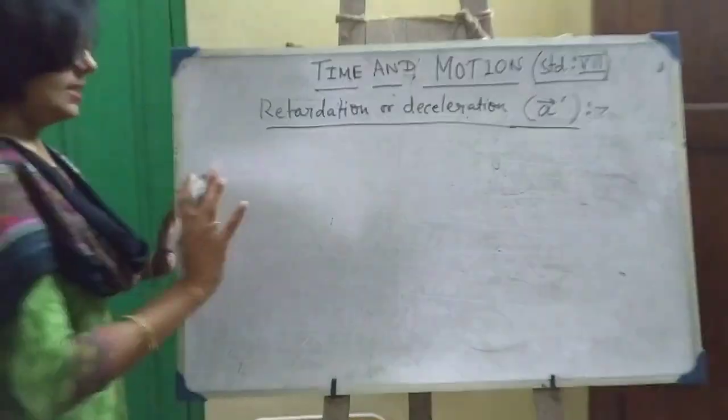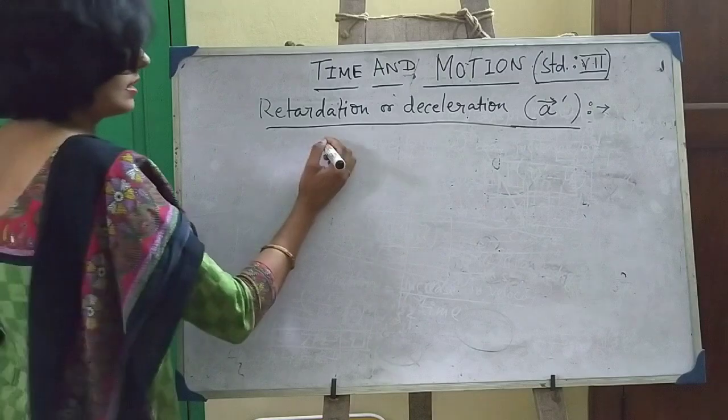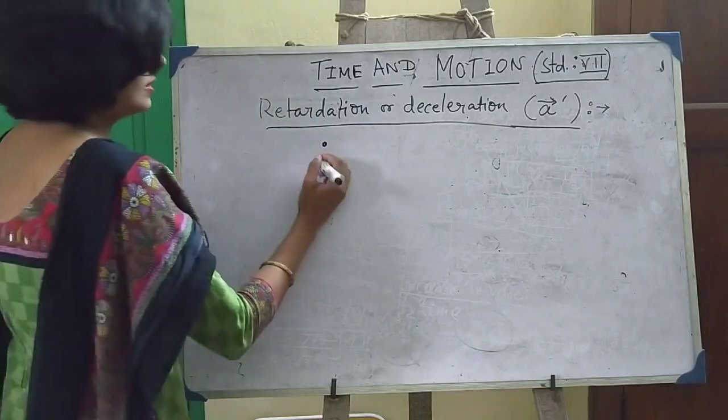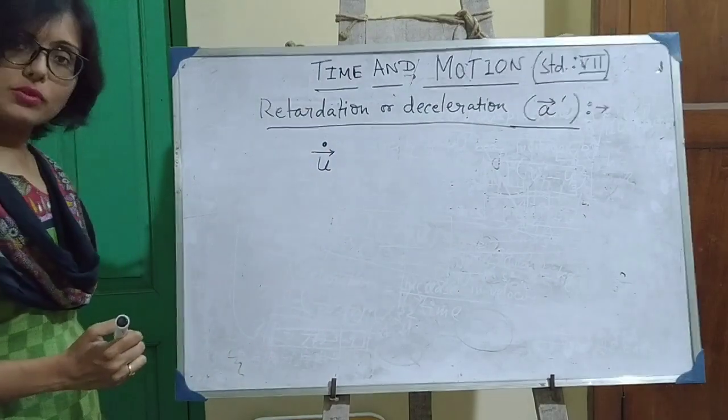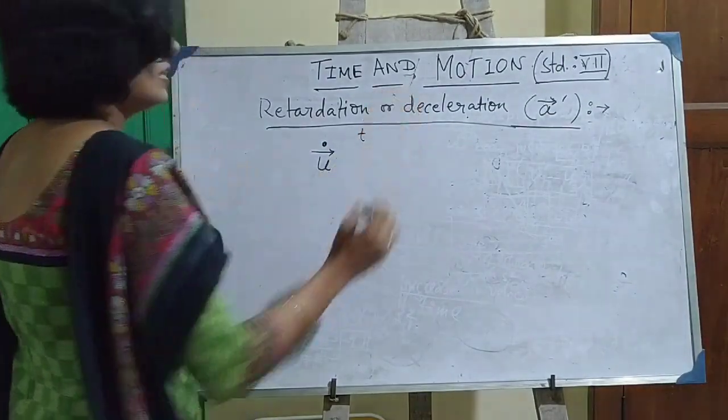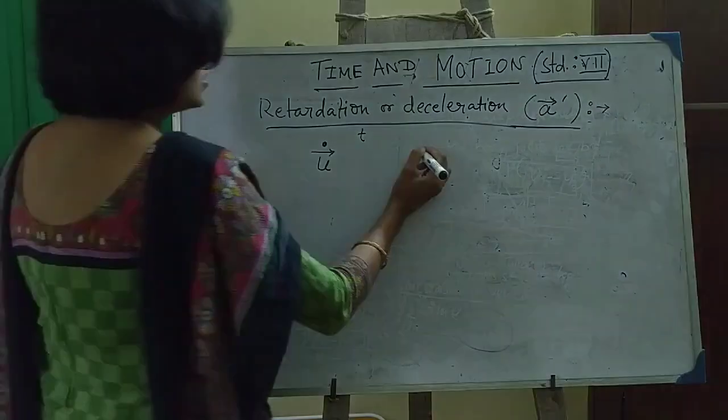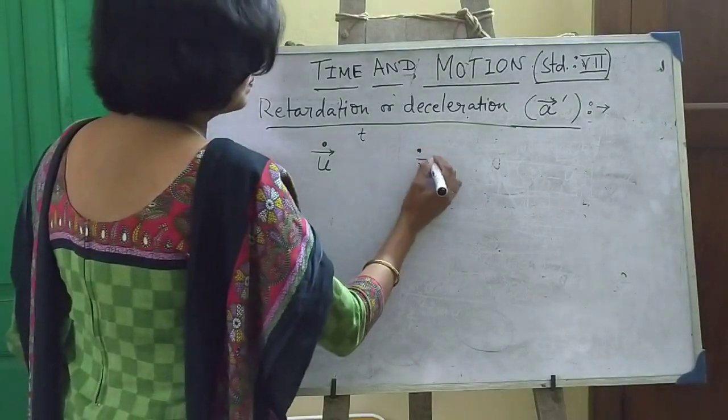Okay. Same example, a body is moving with an initial velocity u. After a finite interval of time t, its velocity becomes v.